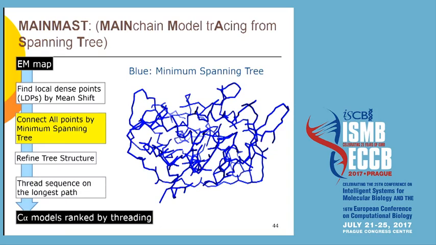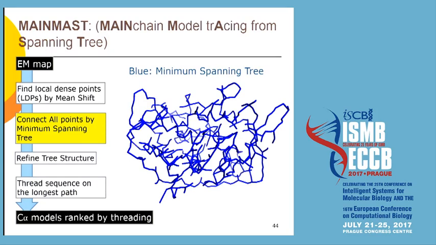It needs to be further refined, because these branch points are caused by the sidechains. And sometimes in the beta strand, sidechains are connected, and the tree structures are actually not like one single chain like proteins.